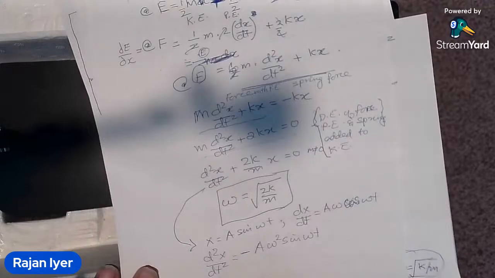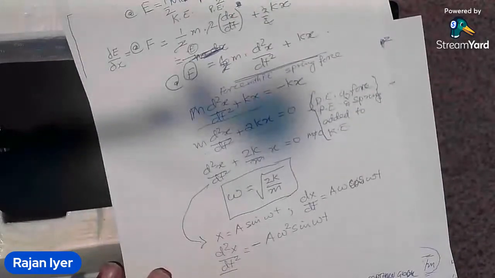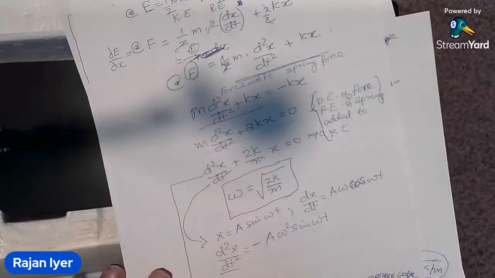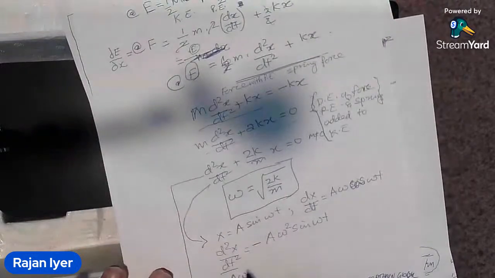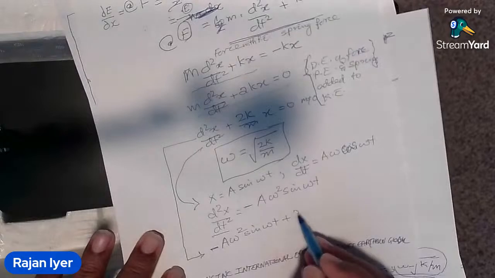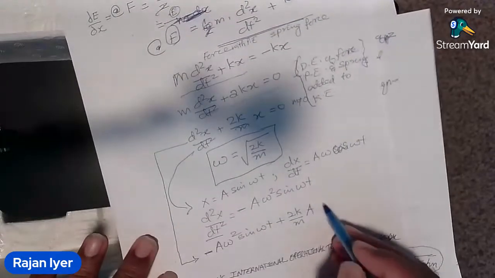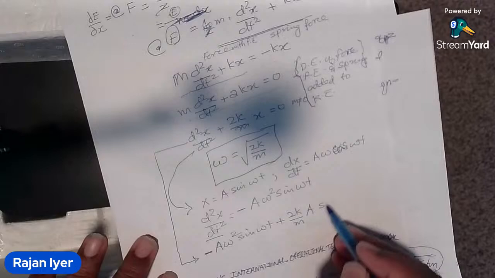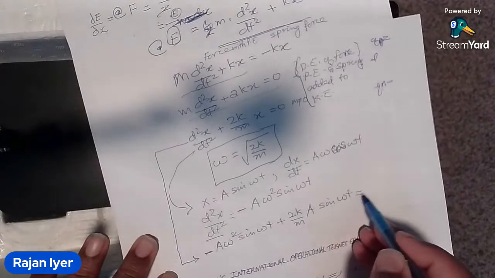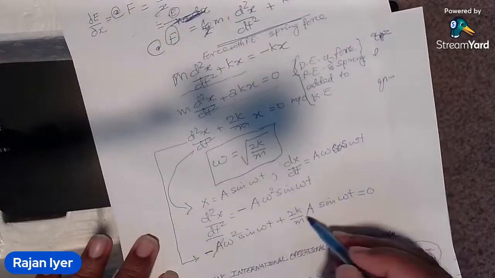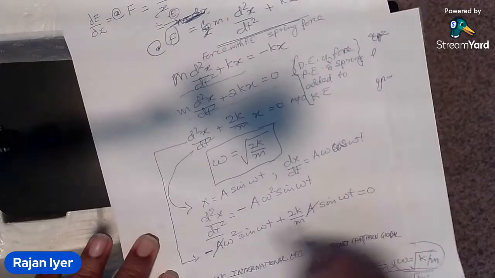So now I can substitute here. I get minus a omega squared cos omega t plus 2k over m times a cos omega t equals 0. So I simplify that. I cancel a and a, I cancel the cos and the cos.